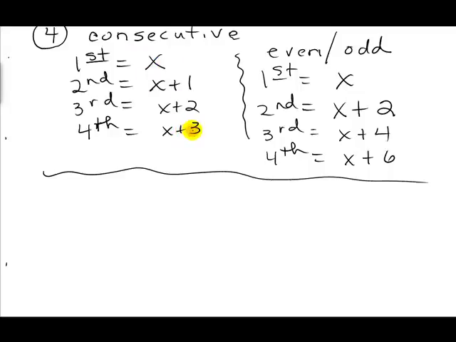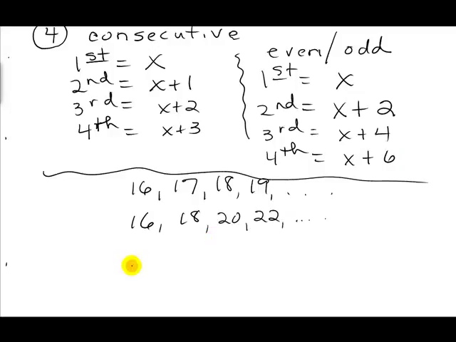If you looked at an example, if I took a number, let's say 16, the next consecutive number would be 16 plus 1, which would be 17, then 16 plus 2, 16 plus 3, etc. If I want them to be even, starting with 16, it's 16 plus 2, 16 plus 4, 16 plus 6, and it keeps going.